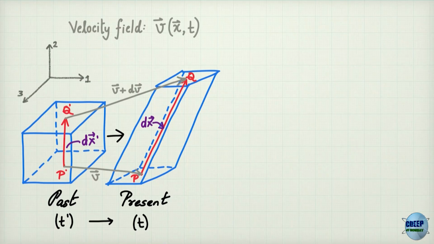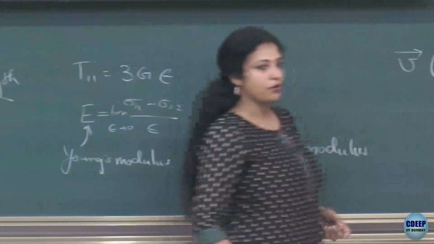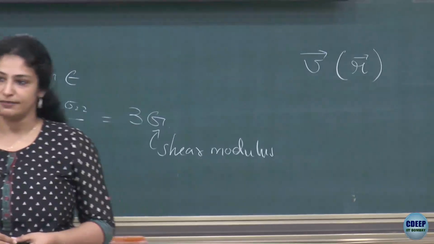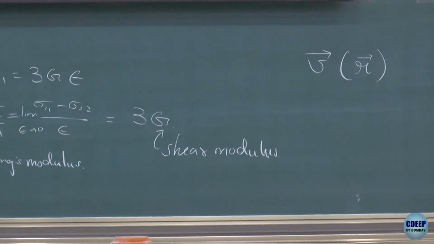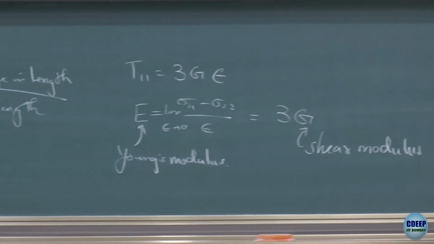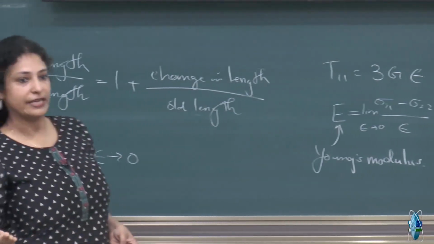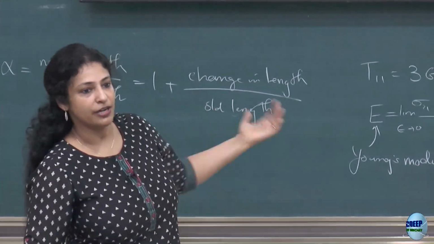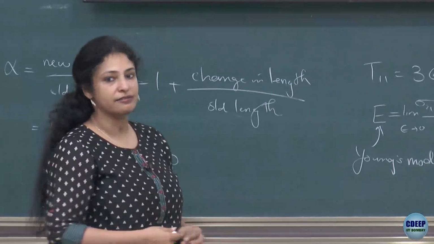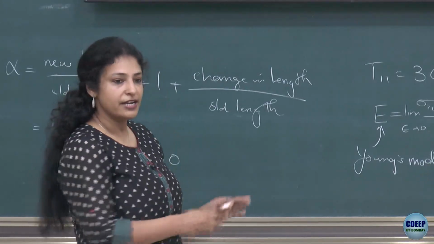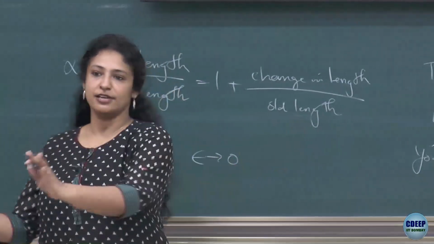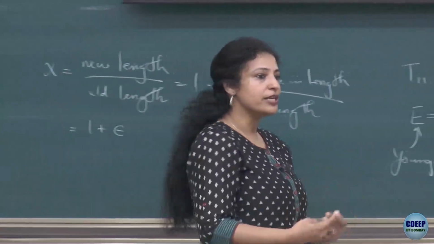So a velocity field would be the velocity vector v specified at every point r in the system, right.